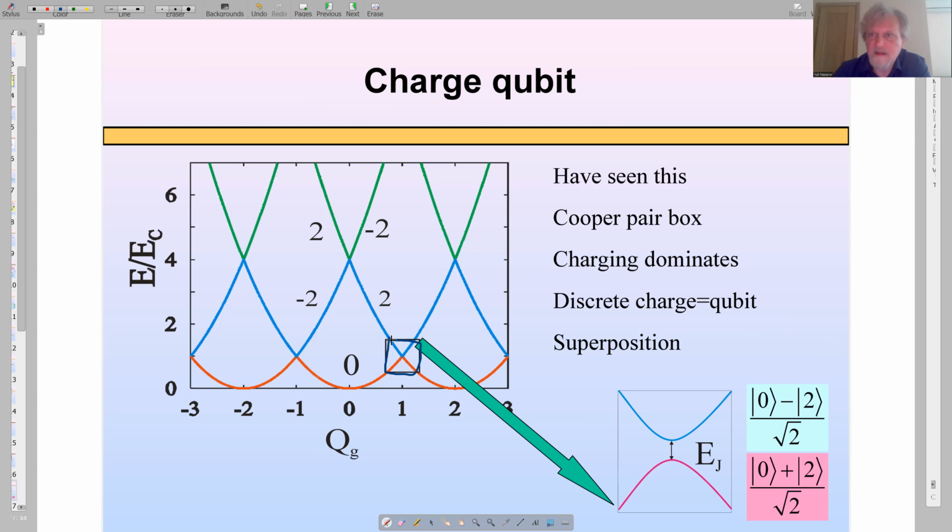So a small Josephson energy can do its work, can make quantum superpositions of these two states, equal weight superpositions, which occur precisely at the point of formal degeneracy. That's the level splitting induced by Josephson energy, a small level splitting. Right, so that is indeed a two-level system, a qubit, the charge qubit.